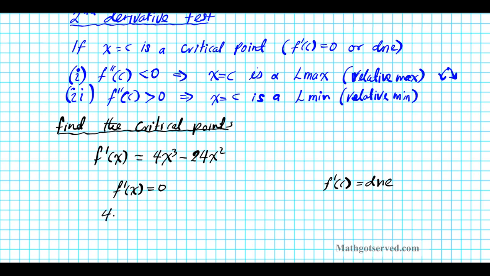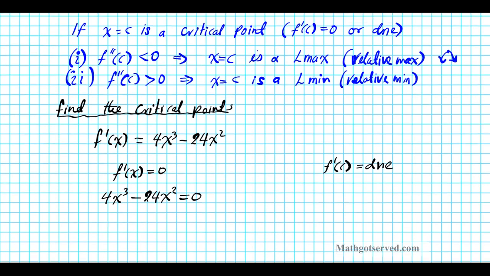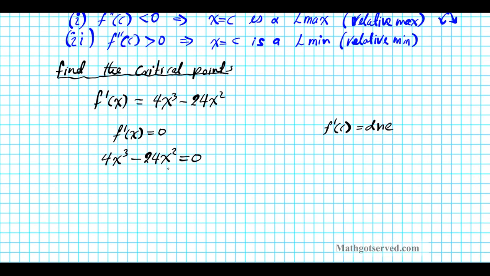All right, let's do the first one. We're just going to take the derivative, 4x to the third minus 24x squared, set it equal to 0, factor and solve. Okay, we can factor out 4x squared here, and then we have x minus 6 equals 0.